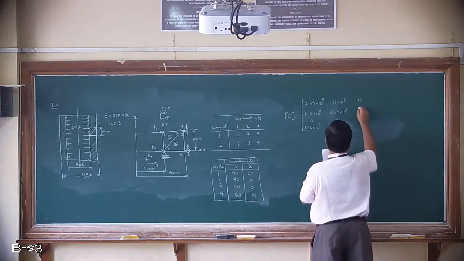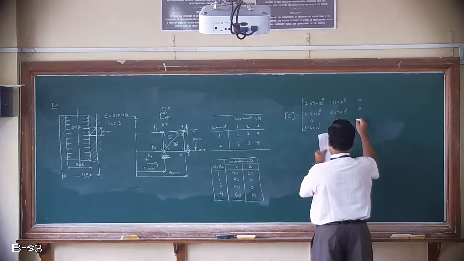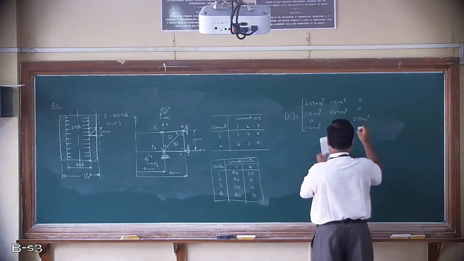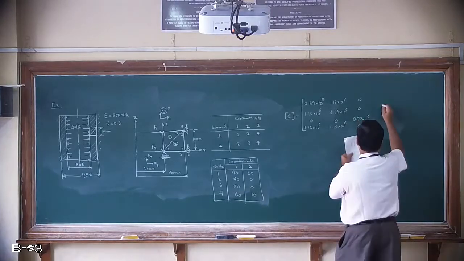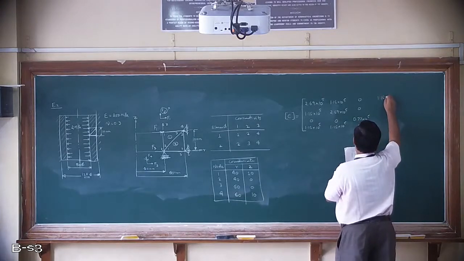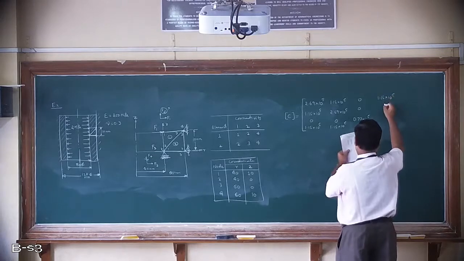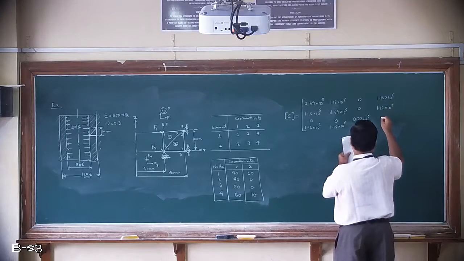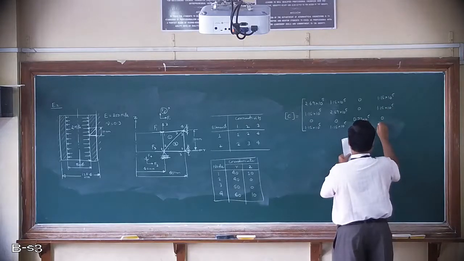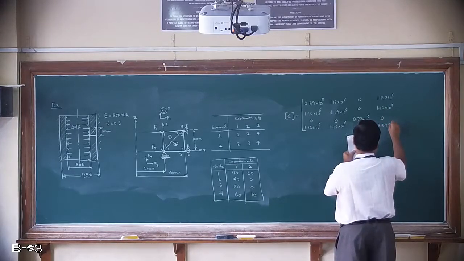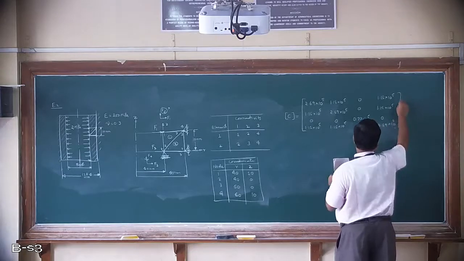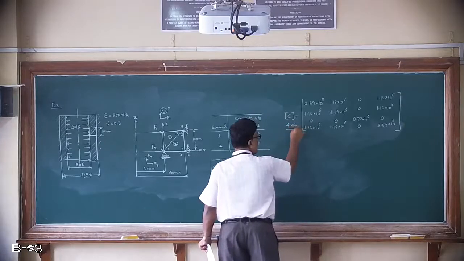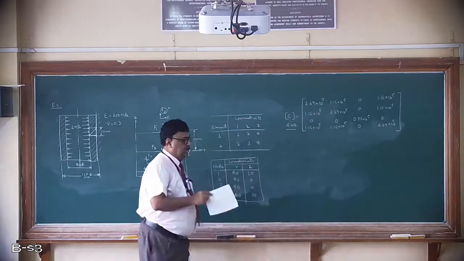The third row is 0, 0, 0.77 into 10 raised to 5, 0. The fourth row is 1.15 into 10 raised to 5, 1.15 into 10 raised to 5, 0, 2.69 into 10 raised to 5. Okay, this is going to be a 4 by 4 matrix. We need it for further calculations.